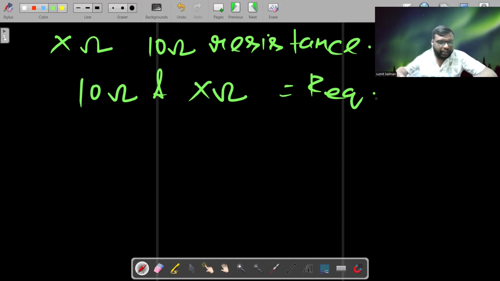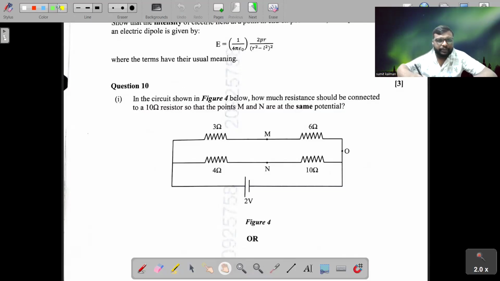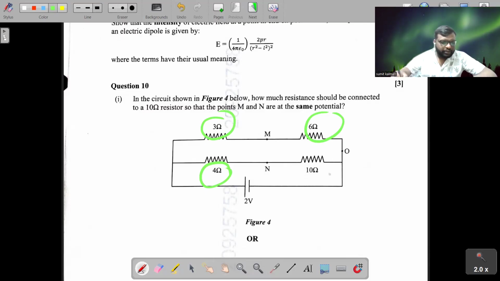Then students, as we all know, according to Wheatstone bridge, for balance condition, P upon Q is equal to R upon S. And here students, if you see the circuit, P is 3 ohm, Q is 6 ohm, R is 4 ohm, and S is modified 10 ohm.